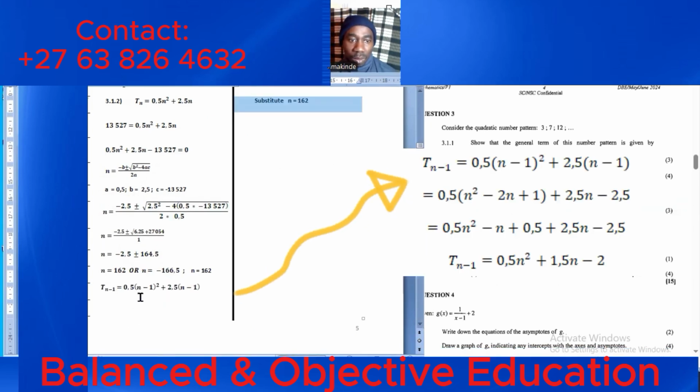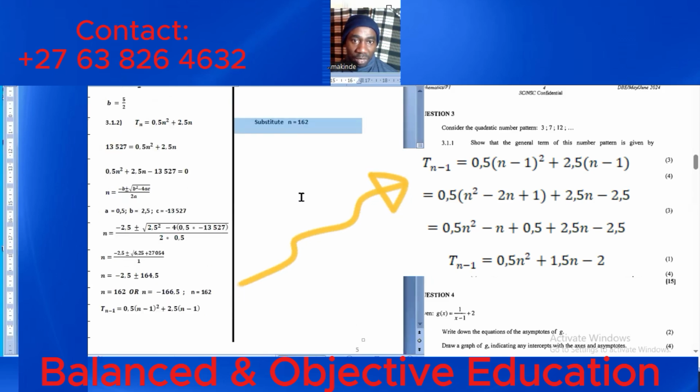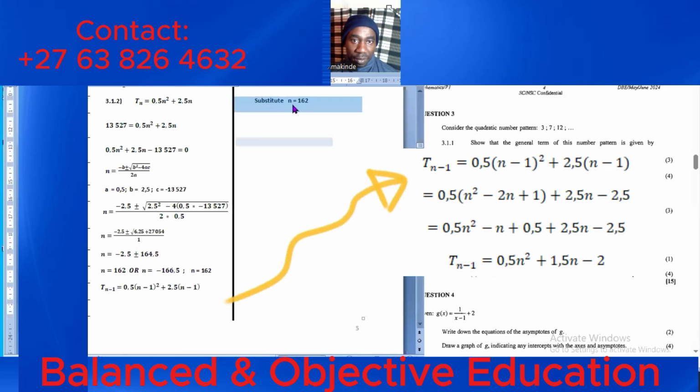So when we expand this, we can substitute n equals 162. This one can still be expanded further and simplified. We can expand this further and simplify it. And I'm doing that here. So we substitute n equals 162 there.